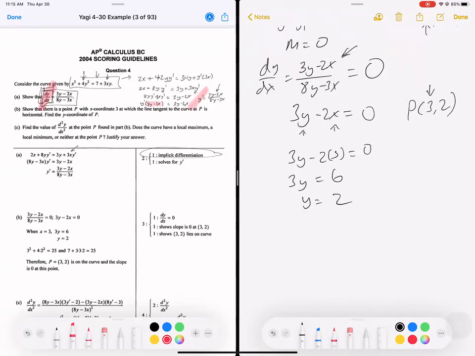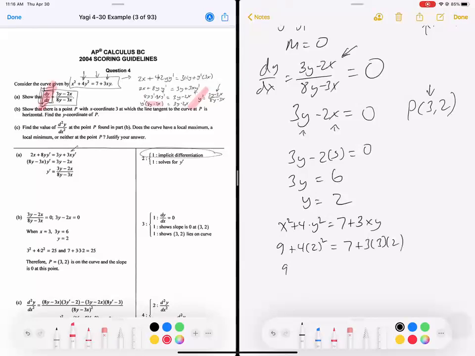Now let's go ahead and double check this. Let's see if this is actually a point on the graph. If I plug into x squared plus 4 times y squared equals 7 plus 3xy, if I plug in 3, that's going to be 9 plus 4 times 2 squared equals 7 plus 3 times 3 times 2.